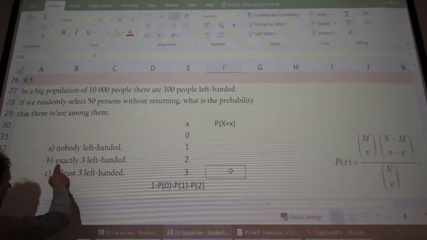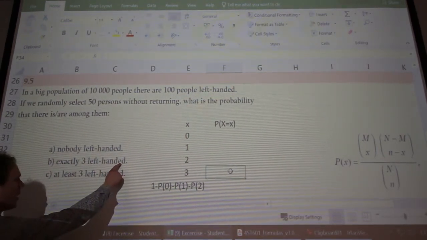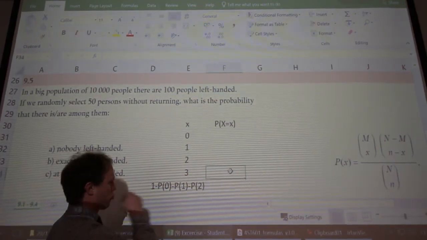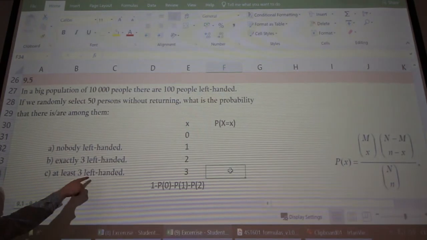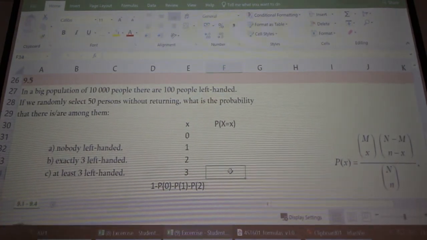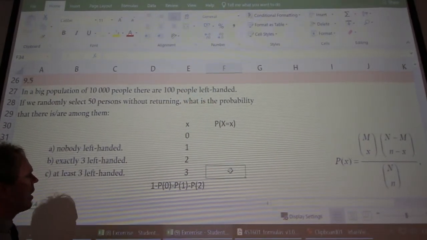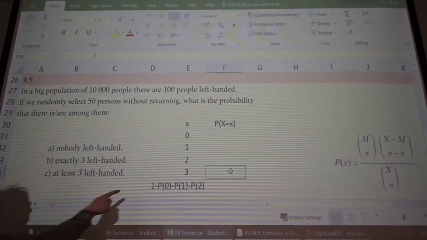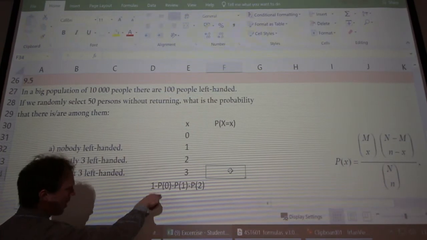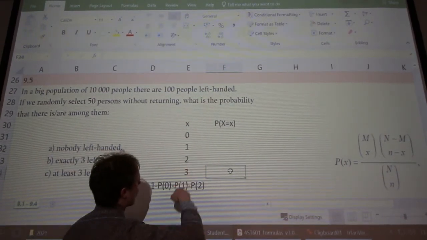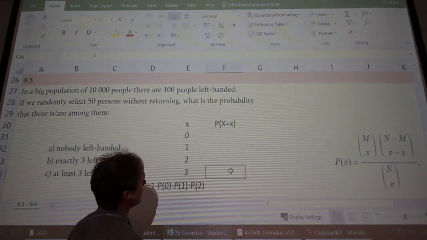Exactly 3 left-handed will be the probability that random variable x will be equal to 3, and at least 3 left-handed we will calculate like it was written here on the bottom part of the whiteboard, like 1 minus P0 minus P1 minus P2. So we need to know these three probabilities.